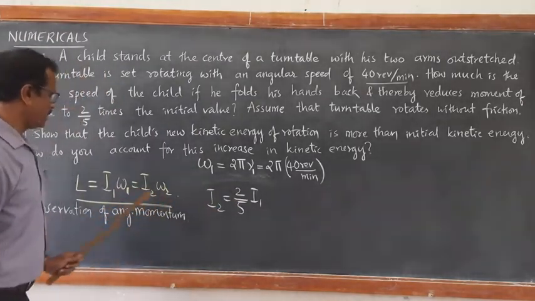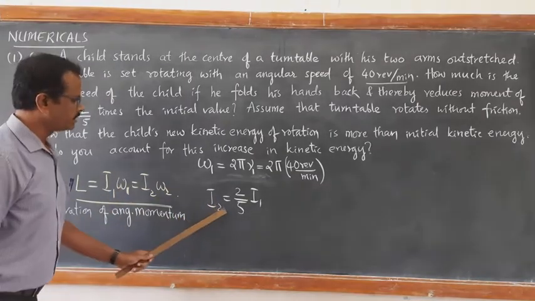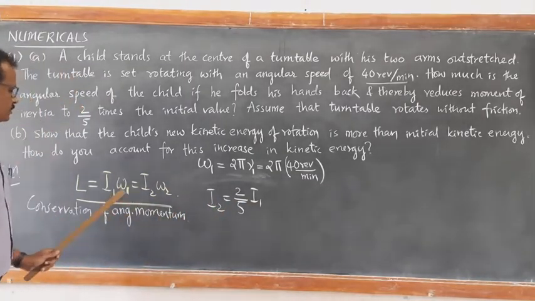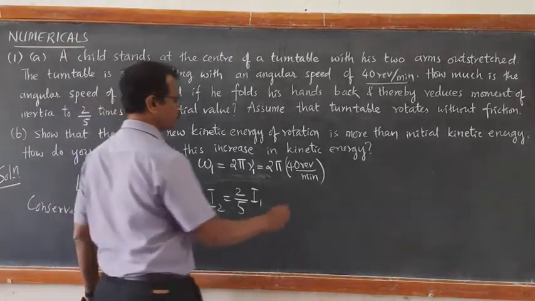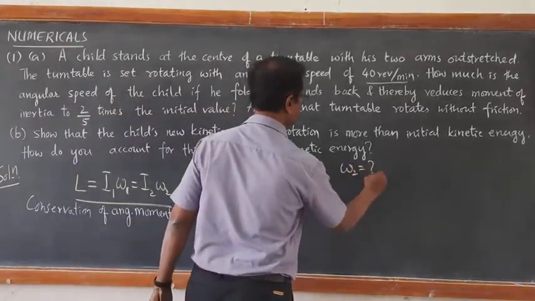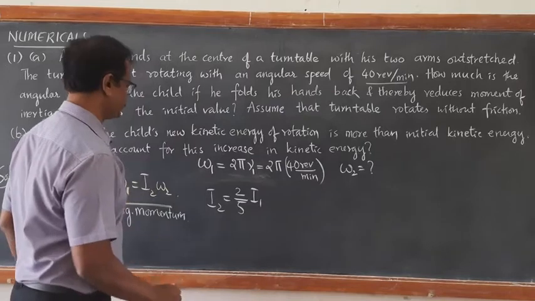I2 is given and I1 is related to I2 by this equation. You can calculate the value of omega 2. Substitute in this equation.